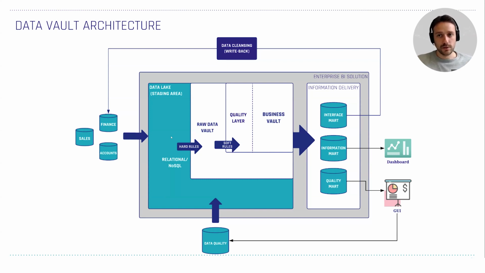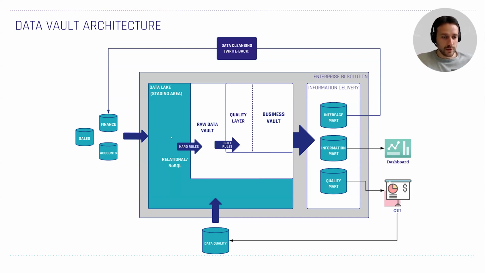Are hash totals equal, or does the row count match, for example? In the raw data vault, you can test your hubs, links and satellites. So do technical tests, which is quite easy because the raw data vault is highly standardized. And so are the tests.